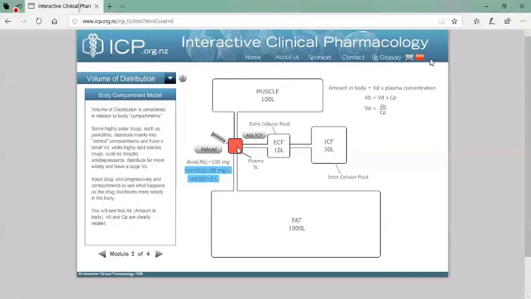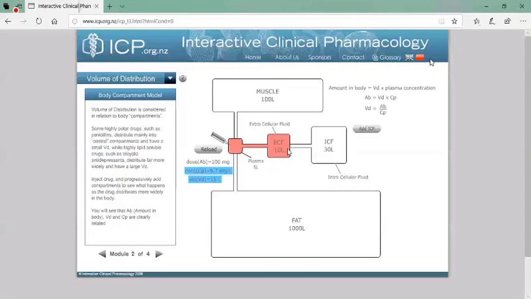Okay, so if ECF means plasma protein binding is moderate, but lipid solubility a bit higher, right? If they can go to ICF, again it reduces plasma protein binding some more, but increases lipid solubility some more. So the more lipid soluble they are and the less plasma protein binding, their travel history will be like this.